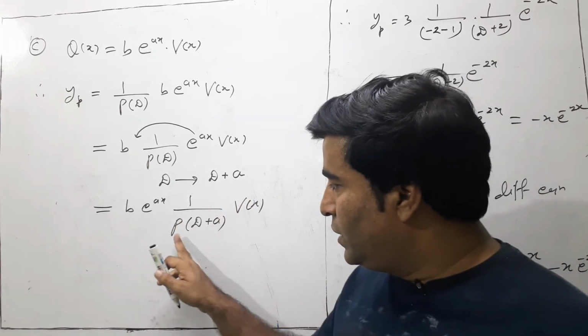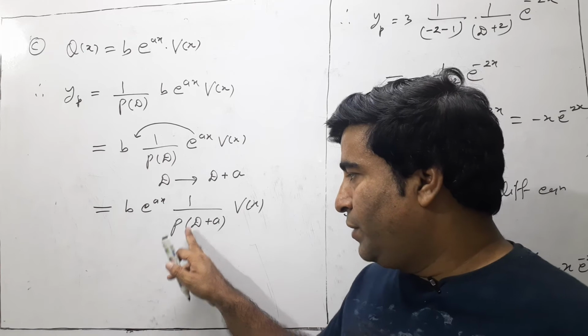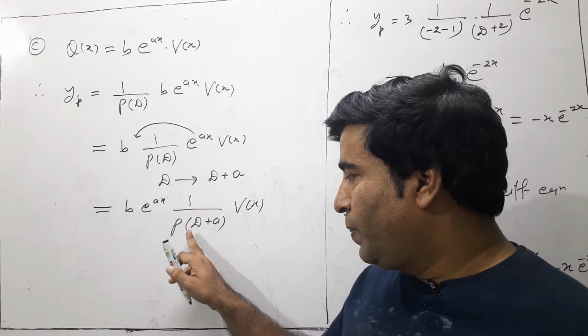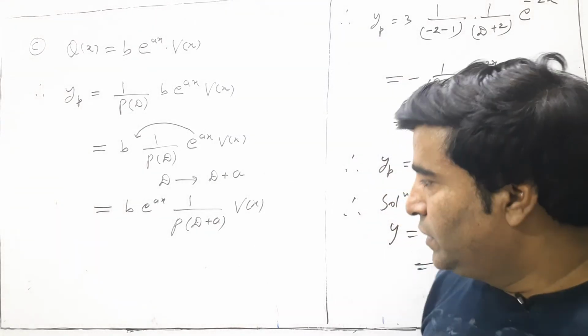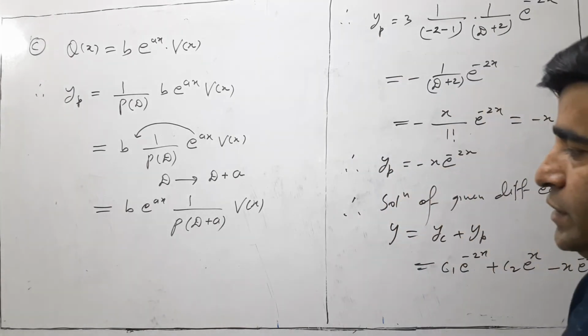Here we have the operator 1 upon the polynomial in D plus a operating on the function of x, which is V(x).